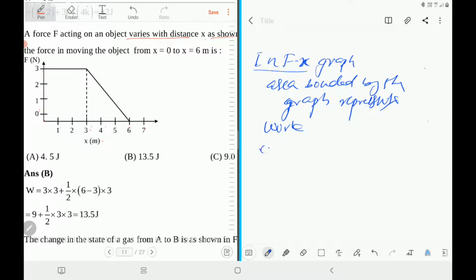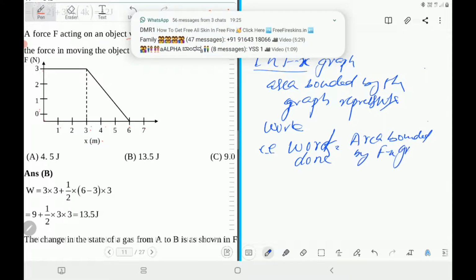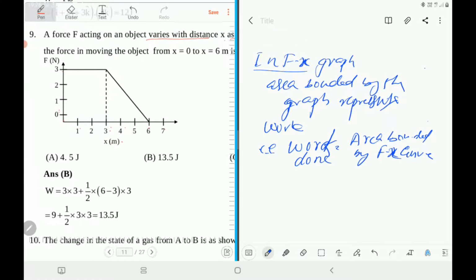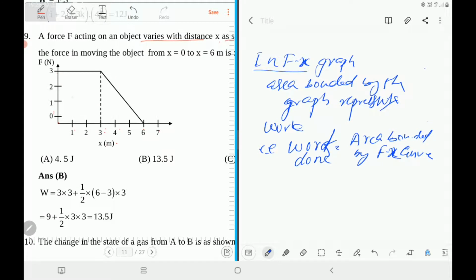You always remember work done is equal to the area bounded by the Fx graph or Fx curve. They have given the Fx curve in the graph given here. You start from 0. When the displacement was 0, force was 3 Newton. It remained 3 Newton up to displacement 3 meters.